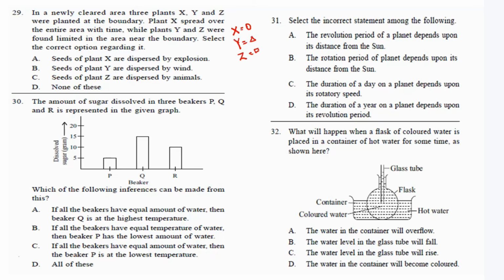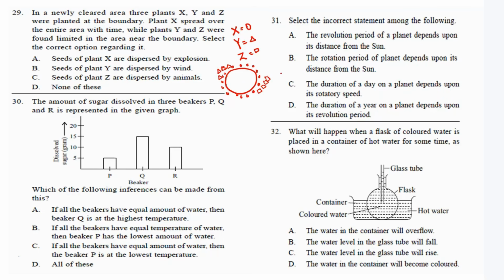According to the statement, suppose this is the boundary. X is being dispersed around the boundary, correct? It can be seen everywhere, right? Y is fixed in one place. So suppose this is Y and this is Z, right? So we have to find out which one is the correct one.